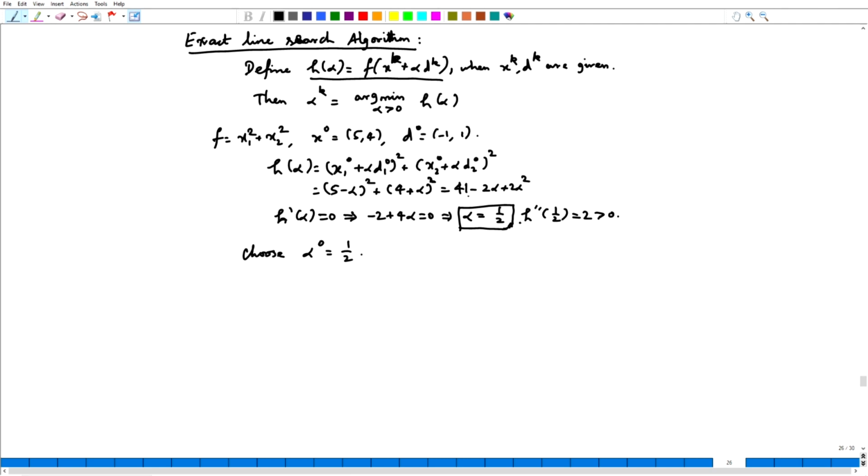So, at alpha equal to 0 you get 41. This is a function of alpha, this is h of alpha. Since this is 41 minus 2 alpha plus 2 alpha squared, you get something like this.